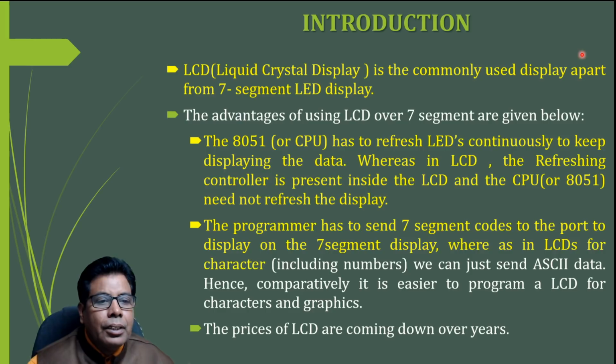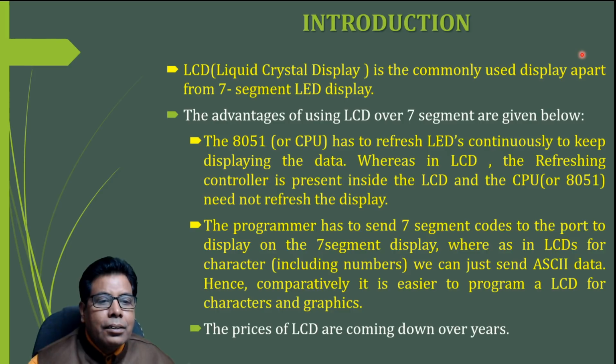Secondly, the programmer has to send 7 segment codes to the port to display on the 7 segment display. Whereas in LCD, for characters including numbers, we can just send the ASCII data. Hence comparatively it is easy to program an LCD for character and graphics.